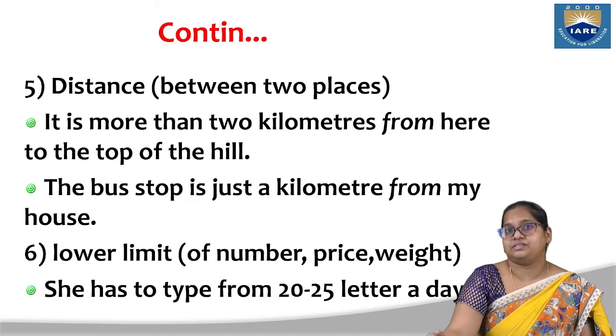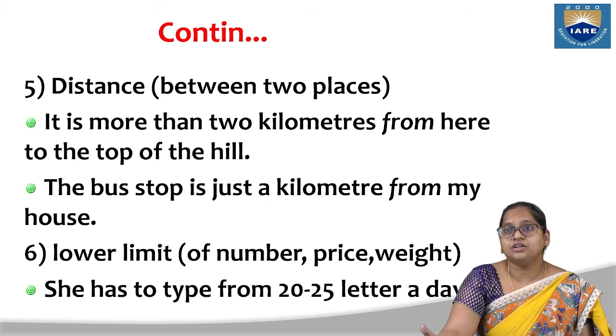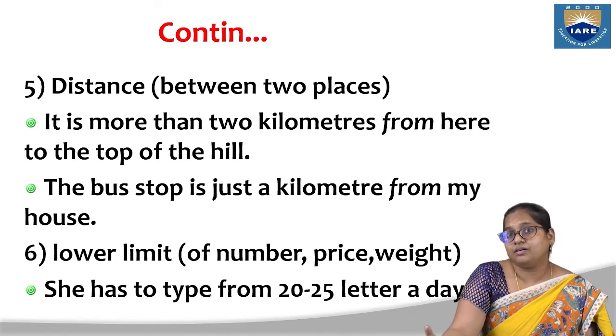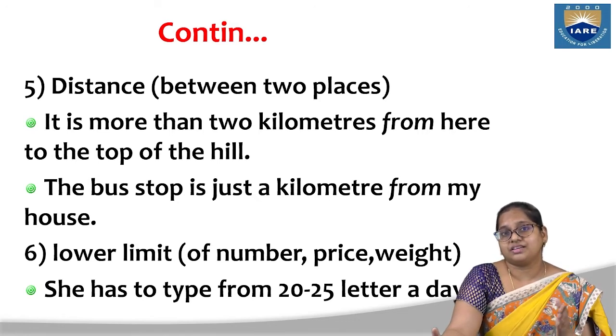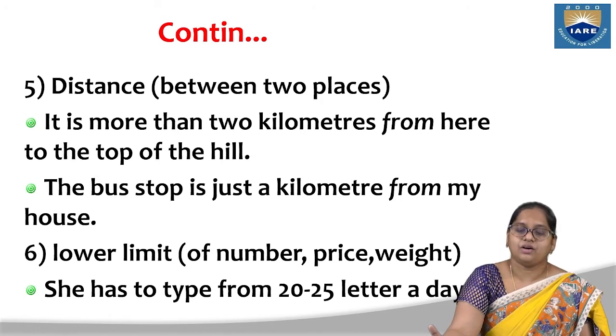Next, the bus stop is just a kilometer from my house. So when you are referring to distance, you can use this sense. The bus stop is just a kilometer from my house.